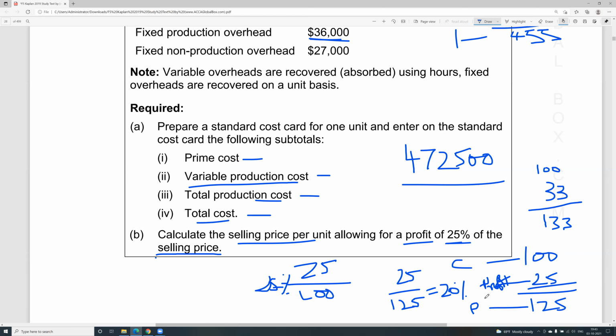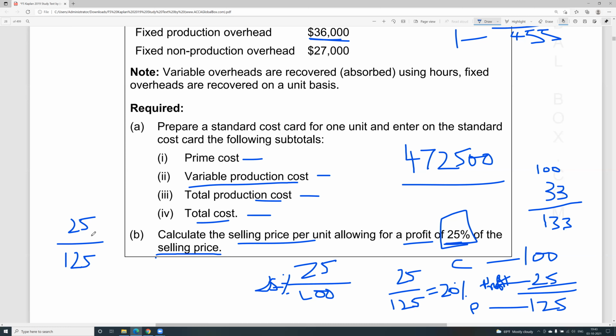Now, what we have to do right now is add a profit of 25% on the selling price, but we don't have the selling price. What do we have? We have the cost price. Now when we have this cost price, how do we calculate this? Suppose 25 divided by 125.